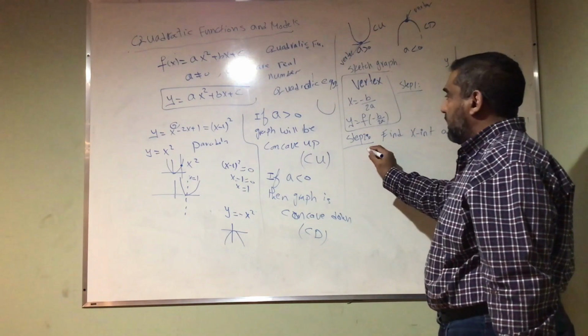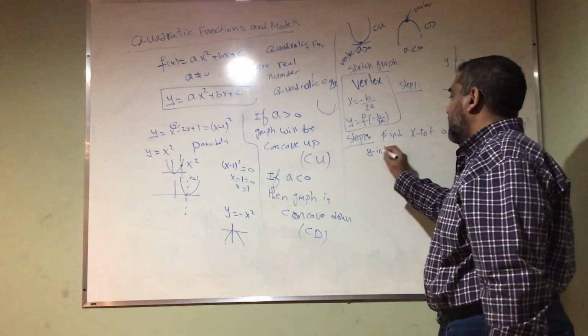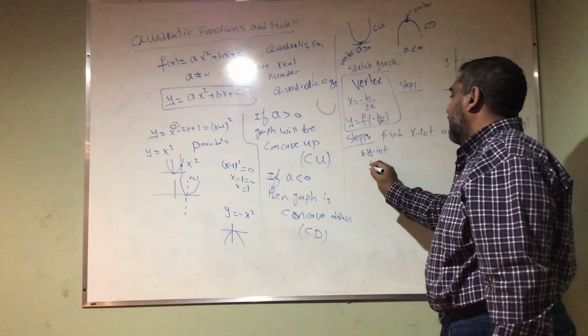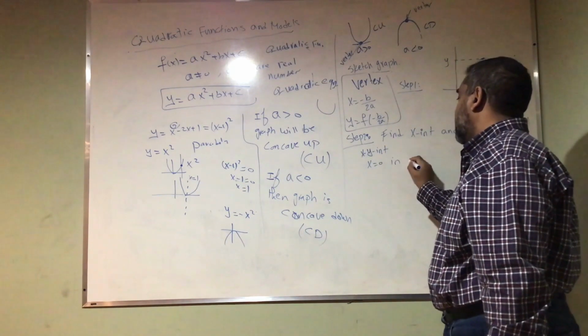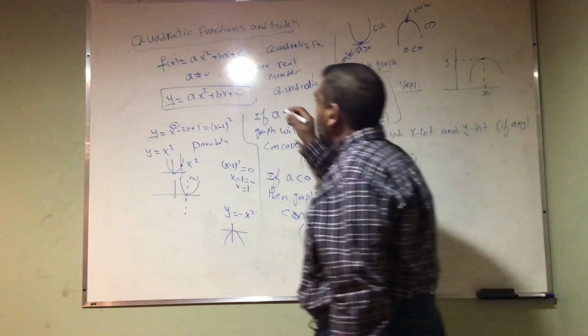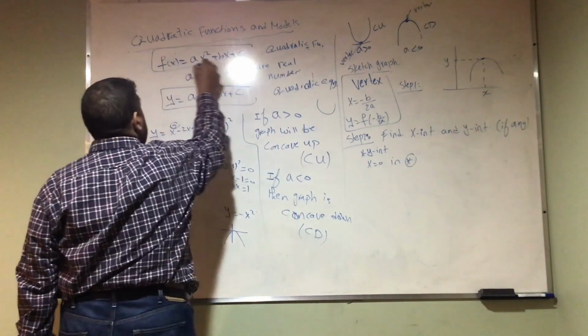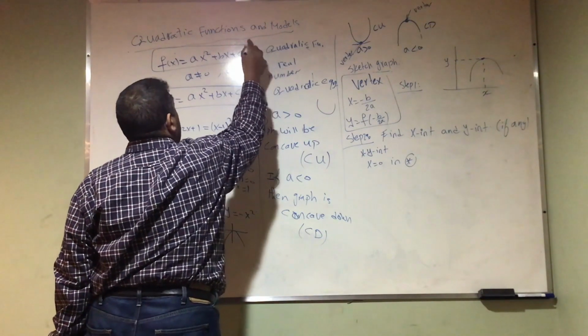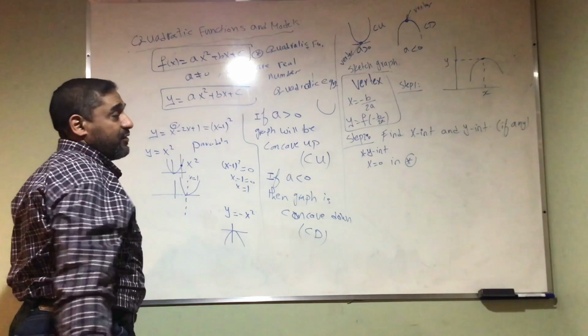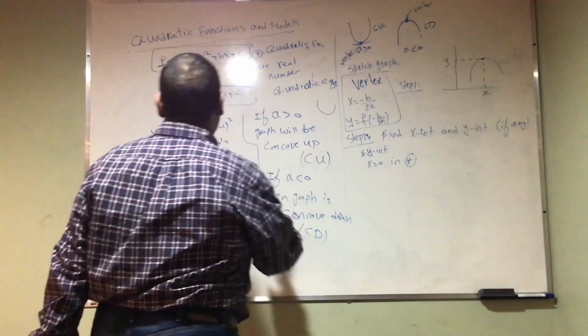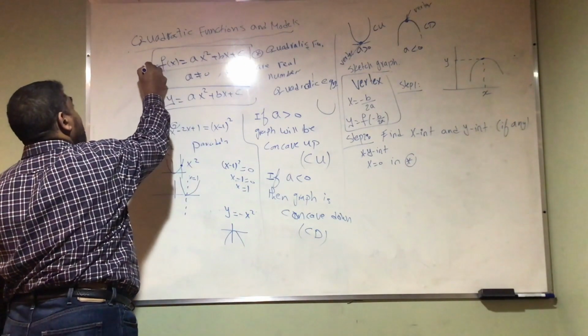For the y-intercept here, that will be easy. For the y-intercept, you put x equals 0 in the equation as I did before. So here is the equation. Let me call this equation here, guys, just a star. I write the quadratic function equation here as a star. If I put x equals 0, remember your f of x is exactly the same as y.